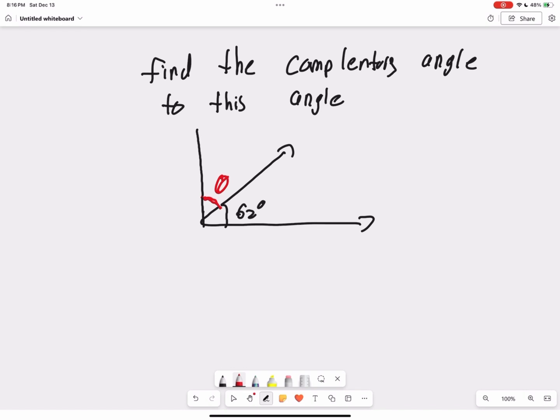If we know that complementary angles always add up to 90, we can use this formula: angle A plus angle B equals 90.